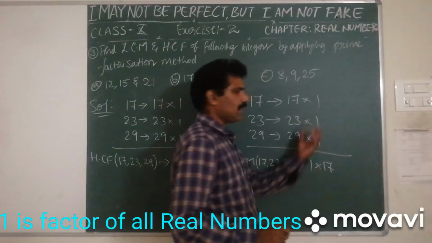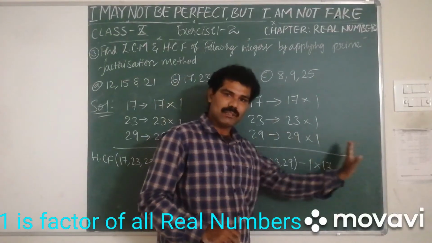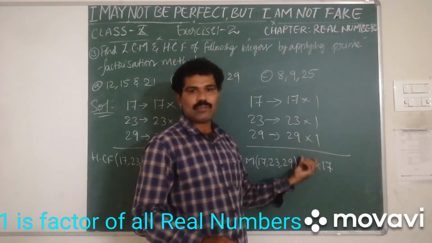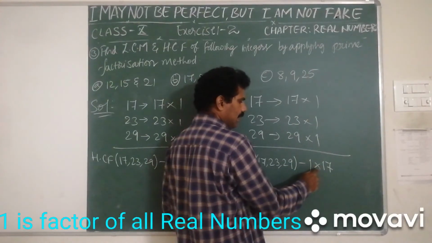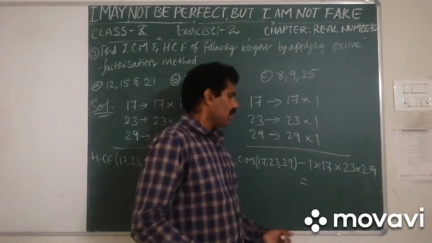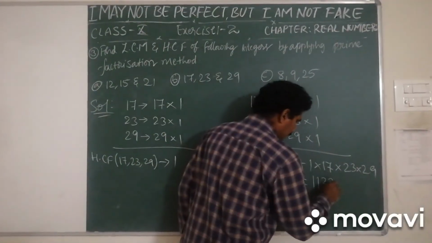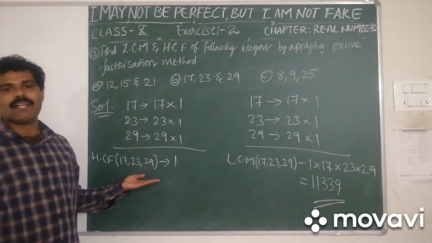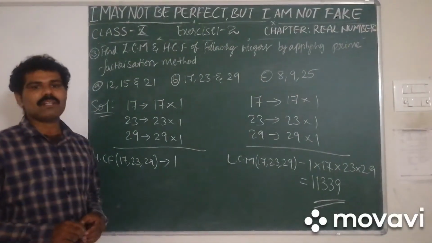So after writing the common factors with maximum power, we have to write the rest of the values. Now 1 is the only common here, so I have written 1, and next 17, 23 and 29. The product of 17, 23 and 29 is 11,339. Therefore, HCF of 17, 23 and 29 is 1, and LCM of 17, 23 and 29 is 11,339.